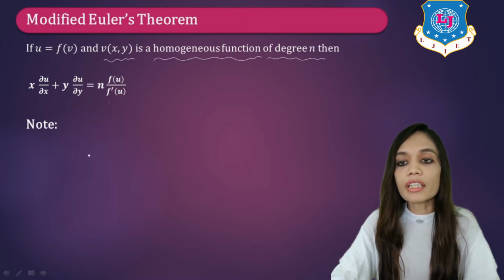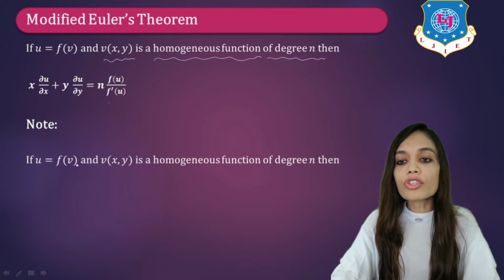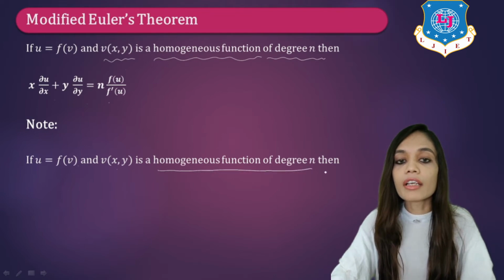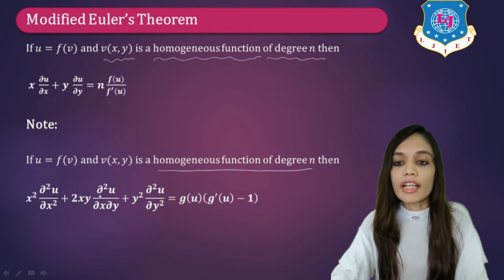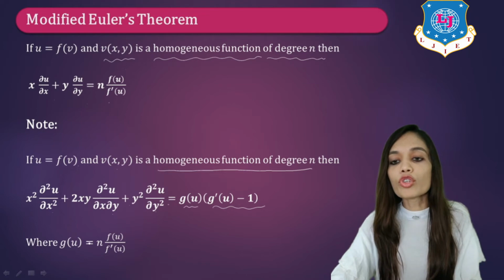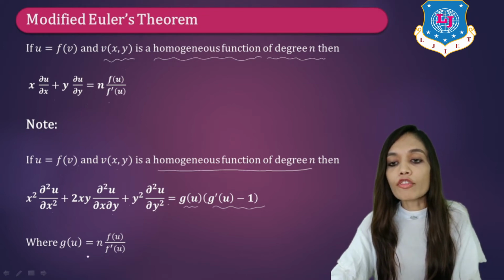The next statement is, if u is a function of v and v is a homogeneous function of degree n, then x square del square u upon del x square plus 2xy del square u upon del x del y plus y square del square u upon del y square will be equal to g of u into g dash u minus 1, where your g of u will be equal to n f of u upon f dash of u.